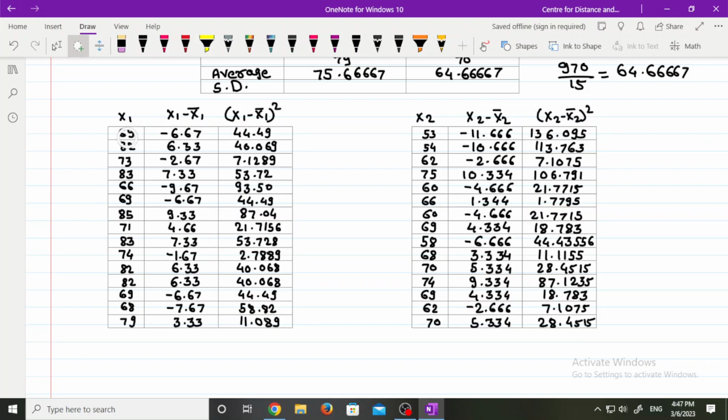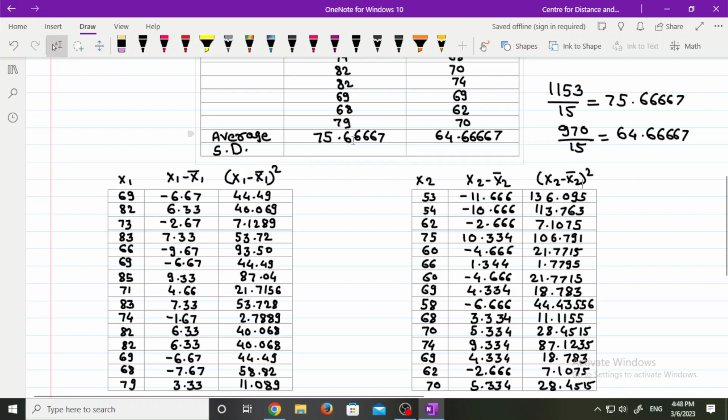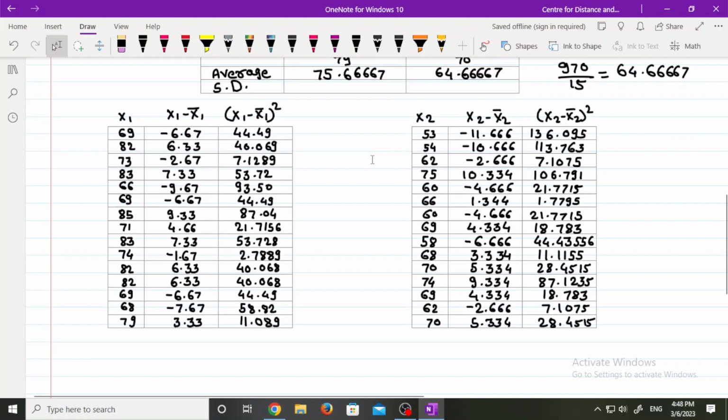For 69, x1 bar is 75.6667. When we subtract 69 from 75.6667 we get minus 6.67, and when we square minus 6.67 we get 44.49. Similarly we calculate all these values.